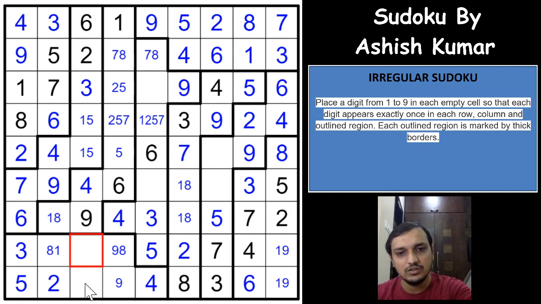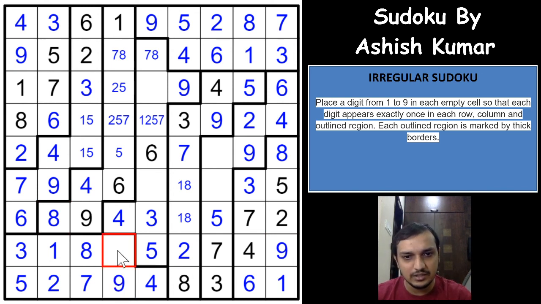Oh sorry, that gives you a 7 here, and this gives you a 1 here, an 8 here, a 9 here, a 1 here, a 9 here, and the remaining digit is 6. Oh, so it means we have broken it somewhere.